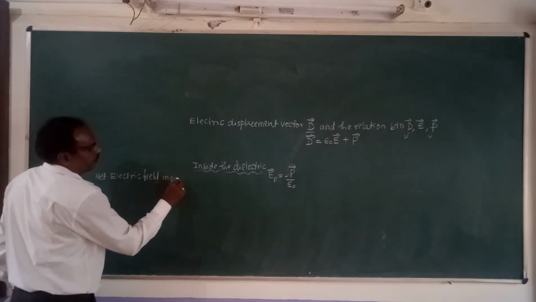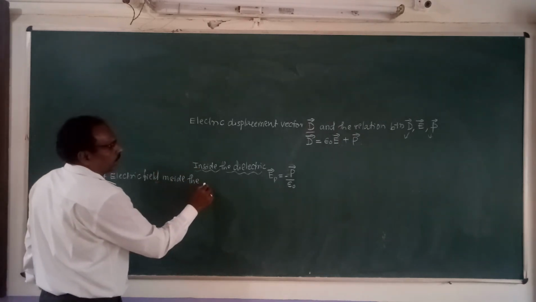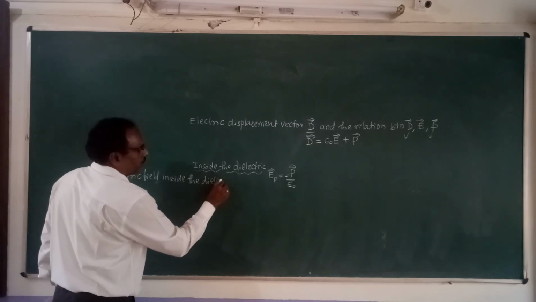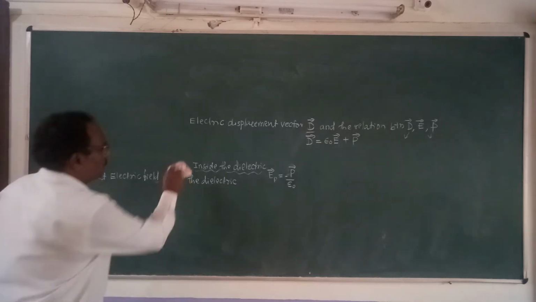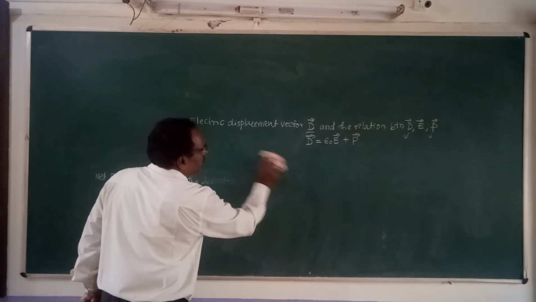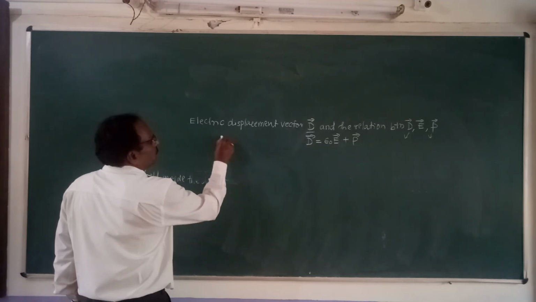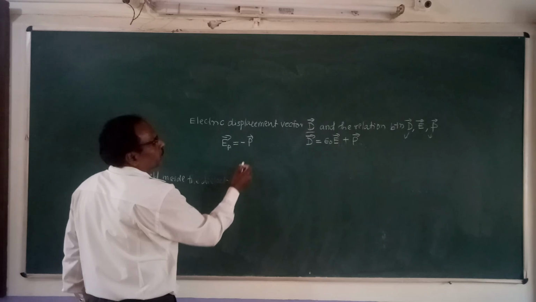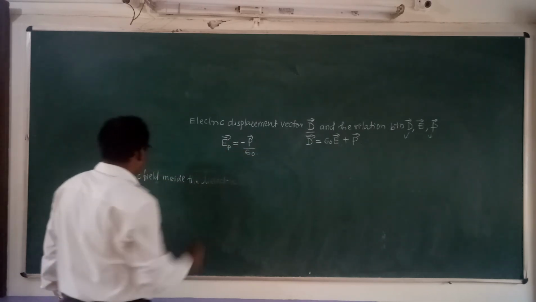inside the dielectric. Okay. To find this, let me keep this as it is. I need this. E_P is equal to minus P, the electric polarization density vector, upon epsilon naught.